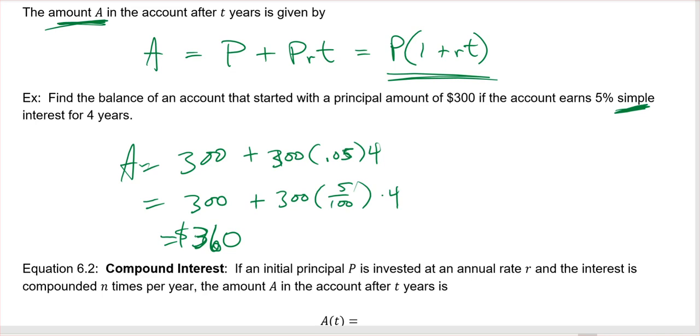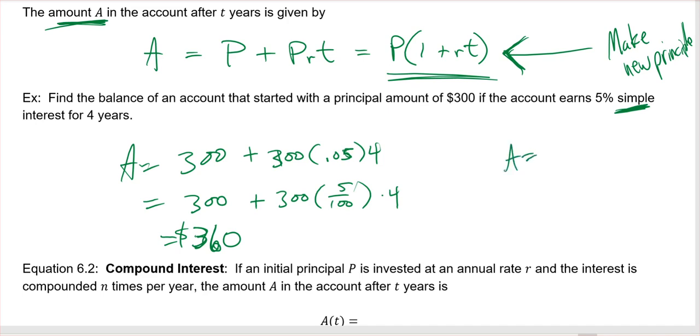Let's just look at this real simply. If I have interest compounded one time, it's going to look like this. Well, what if we make that our new principal? If that's our new principal, then I'm going to compound that again.